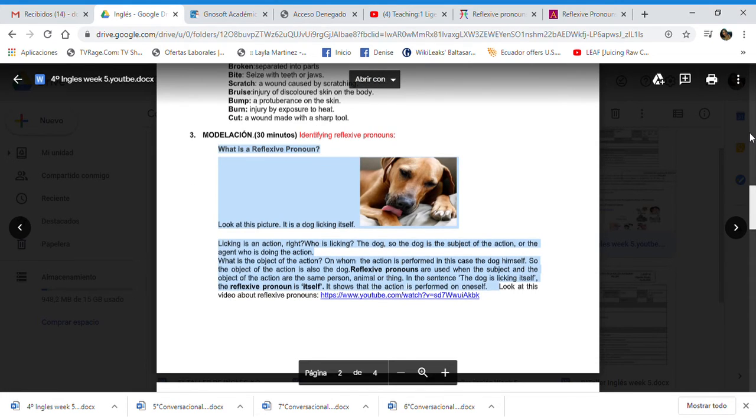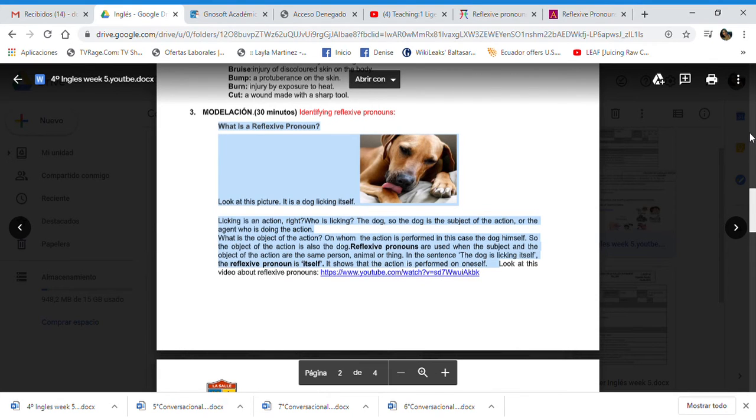Our grammar topic for this workshop is reflexive pronouns. Let's read about reflexive pronouns. What is a reflexive pronoun? Look at the picture of this animal. It's a dog, right? It's a dog licking itself. Licking is an action, right? Who is licking?